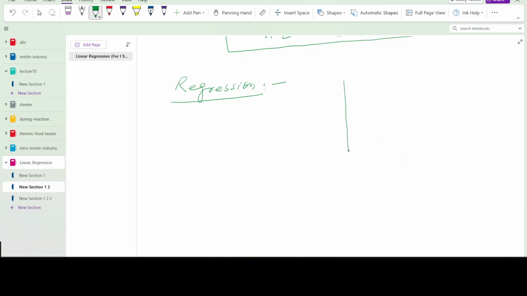We have seen that after observation, we have some data points x1, y1, x2, y2, x3, y3, and so on and so forth. This is x-axis and this is y-axis.